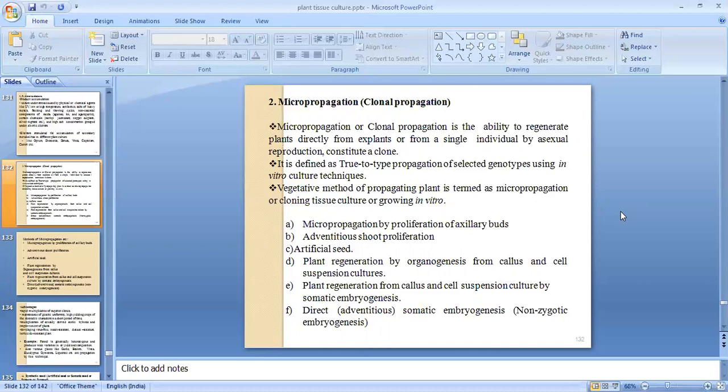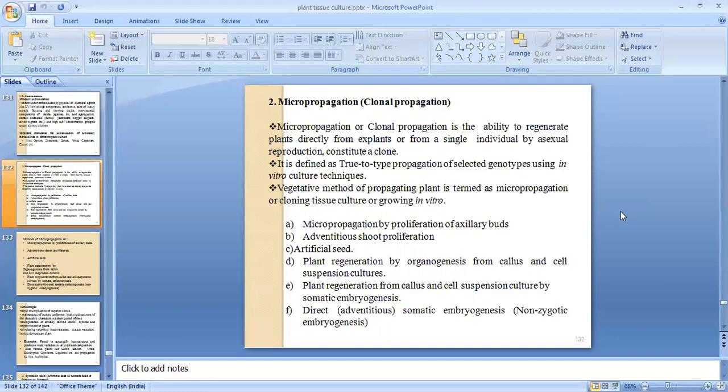That means a single isolated cell or an isolated tissue will propagate, that means it will multiply in enormous numbers with the same kind of characters. That is called as your clone.